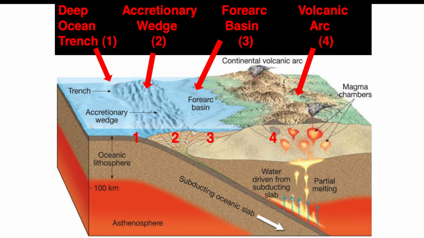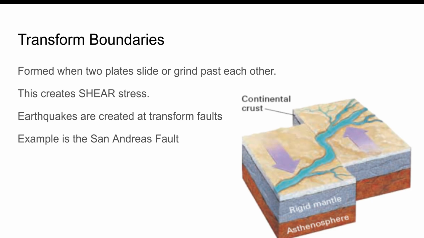And then we get the most spectacular thing, a volcanic arc, a line or a chain of volcanoes that create a mountain belt, right? Because that superheated rock floats back up through the crust and then erupts onto the surface of the earth, creating these chains of mountains, either on land, continental volcanic arcs, or underwater, volcanic island arcs.